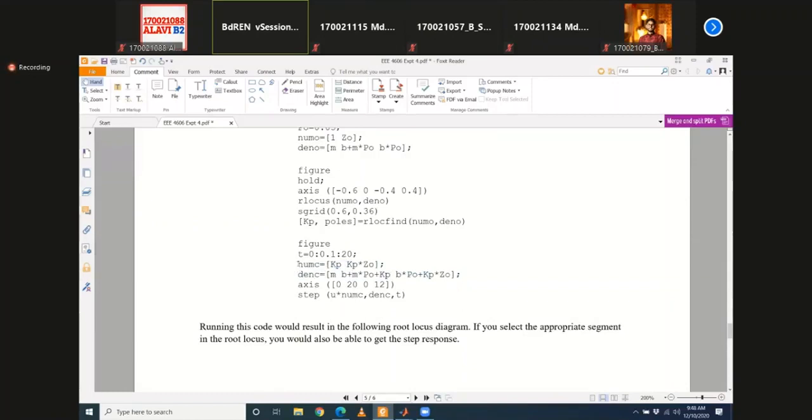After using the formula, these are the numerator and denominator of the overall transfer function, including the lag controller and also the gain kp. So this is the overall num and den. We didn't use cloop, we just used the formula. If you use the formula, you'll get this result. You can do it by hand if you want. So let's run this part.